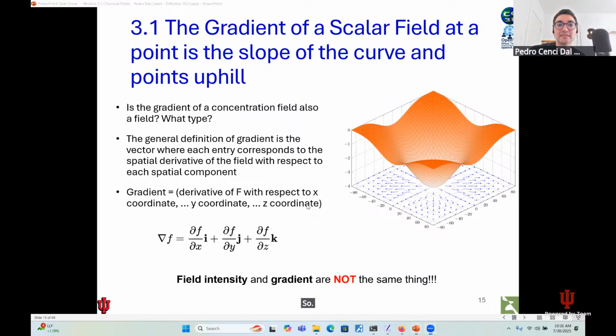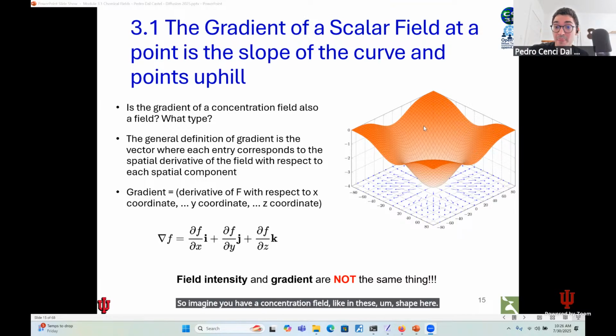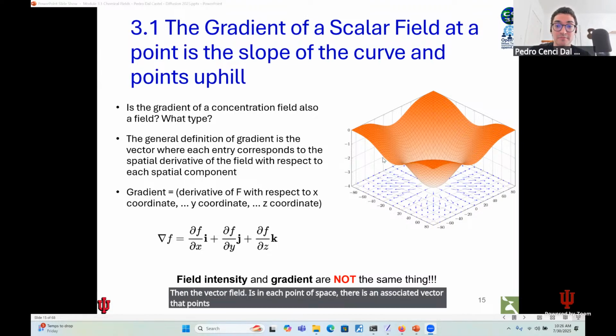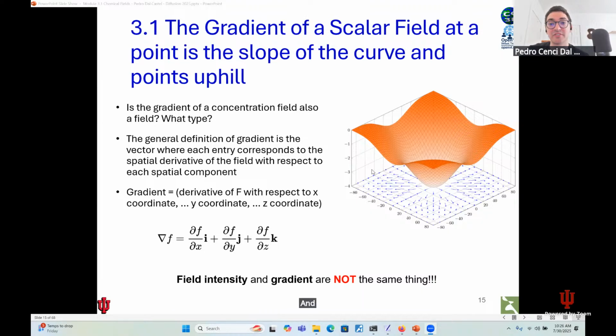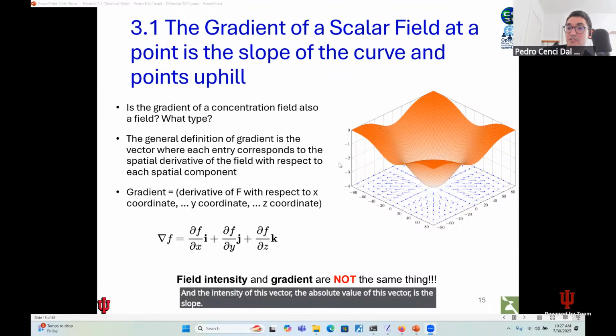So gradient and intensity are different concepts, and people often mix them, but gradient is a vector field generated from a scalar field. So imagine you have a concentration field like in this shape. Then the vector field is in each point of space, there is an associated vector that points uphill. And the intensity of this vector, the absolute value of this vector, is the slope of the curve.